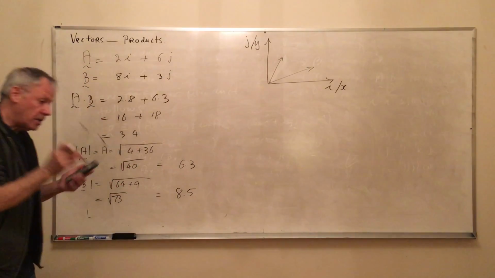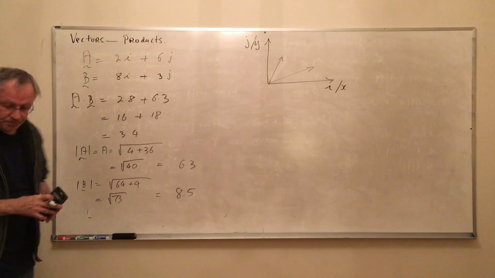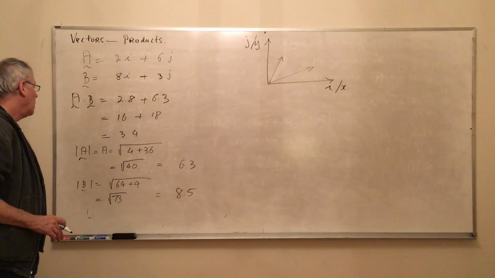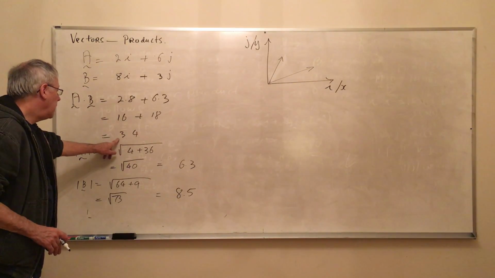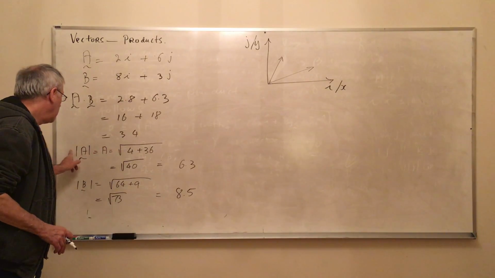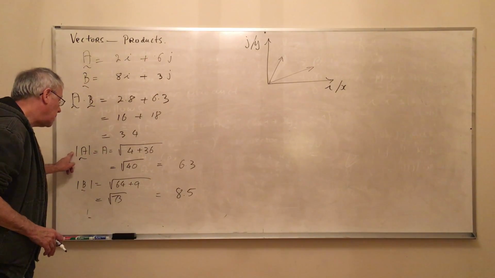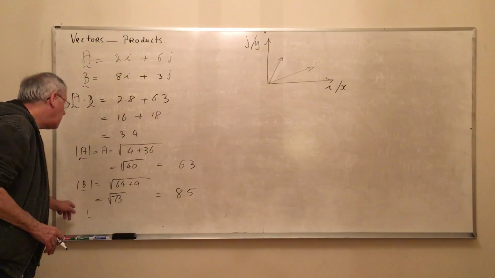Now I've rounded off, these are not exact, but that will do. So A dot B has a value of 34. The magnitude of A is 6.3, the magnitude of B is 8.5.